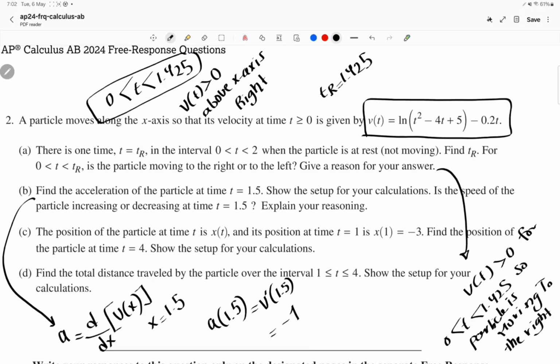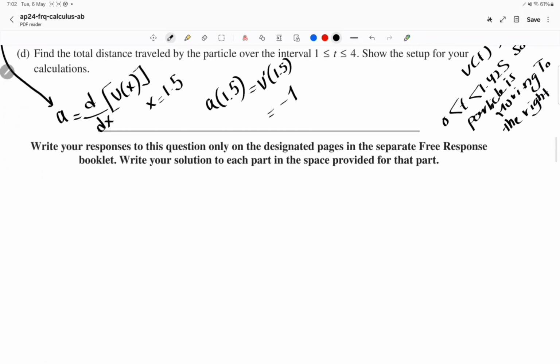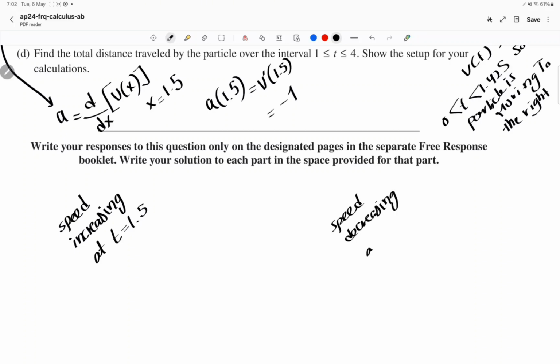Now, what they're asking is whether the speed of the particle is increasing or decreasing at the time of 1.5. Let me show you what that means. How do we know if the speed is increasing at time 1.5, and how do we know if it's decreasing?